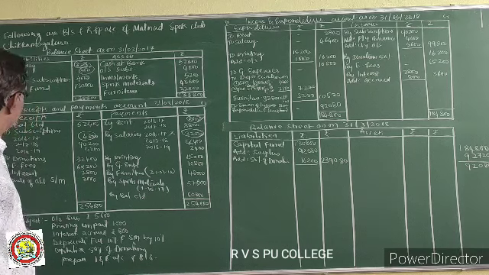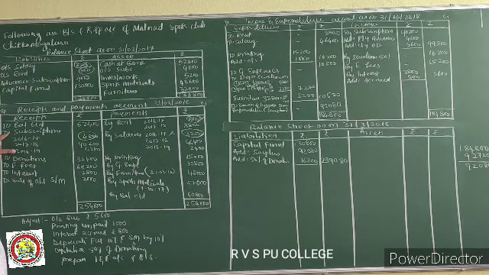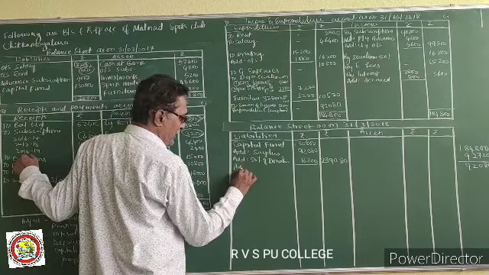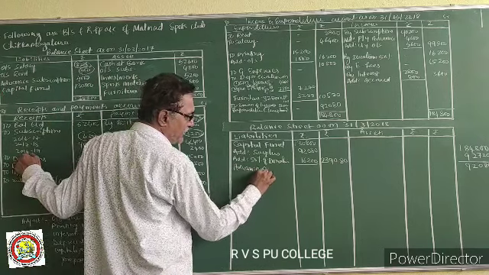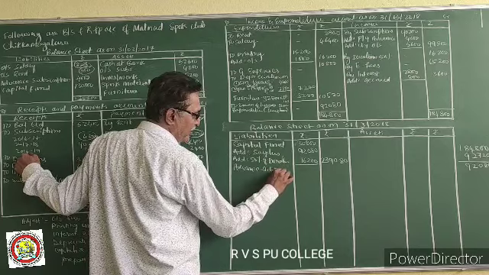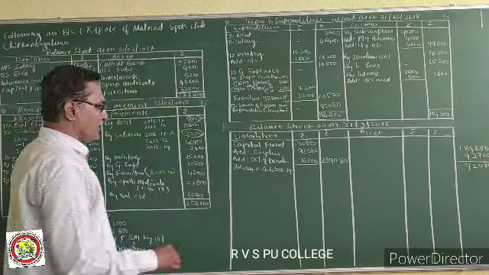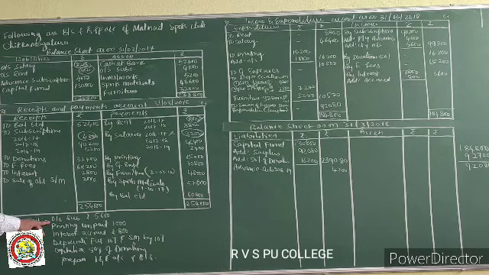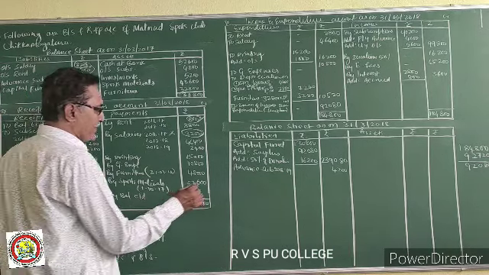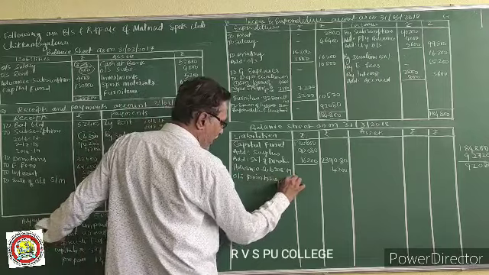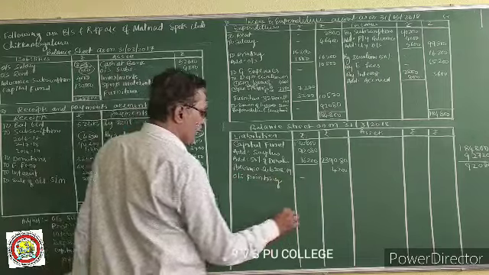After that, go one by one. Subscription received in advance. Advance subscription 2018 and 19, that is 4,200. Next, no other things. Outstanding subscription one bit, outstanding printing. Outstanding printing is 1,000.